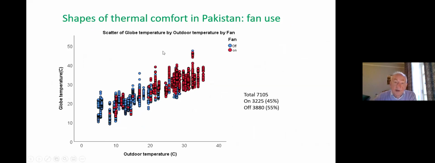So what this graph shows is where people have got the fan on. The fan is on above 30 degrees. So Olgay wasn't wrong. He was just a bit conservative, maybe.